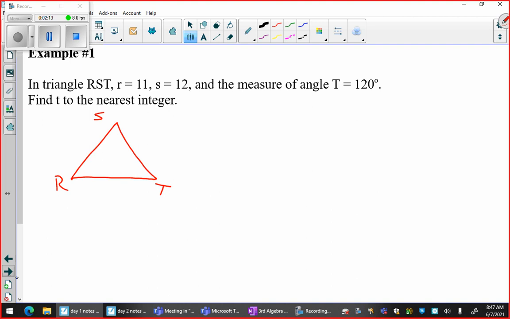Don't trust your diagram. So little r is 11, opposite, little s is 12. Find the measure of angle T. The angle T is 120. Obviously, is that a 120-degree angle? No. Don't trust your diagrams.